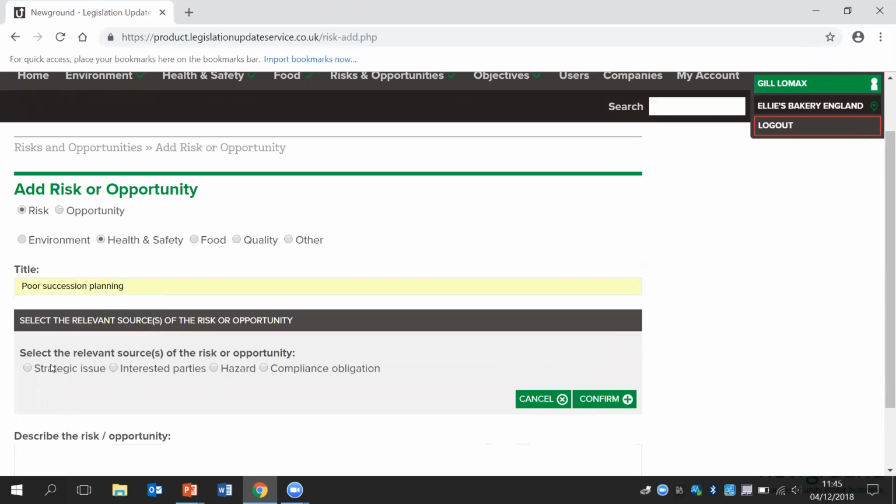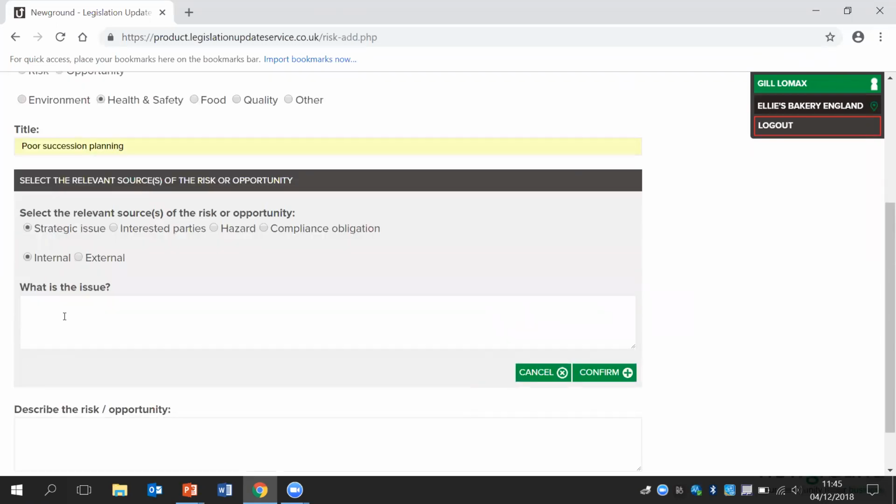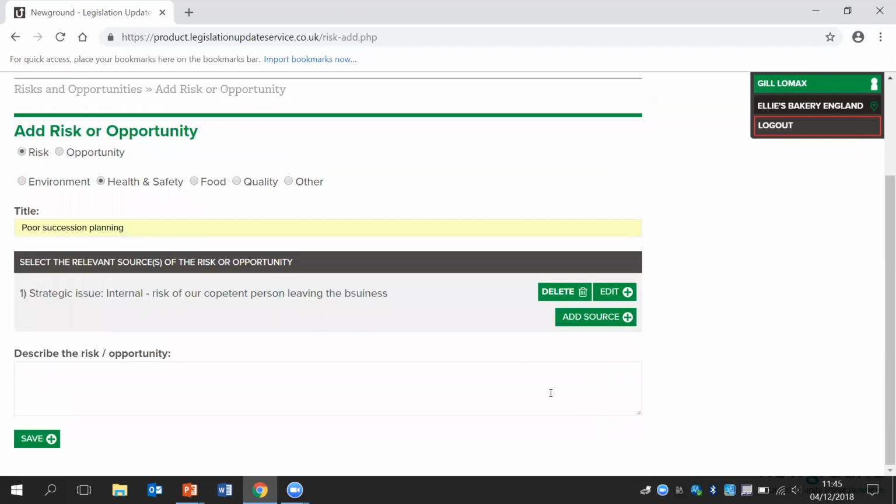So for me, this is a strategic business issue, which is an internal issue for my business, so I can say that that's an internal issue, and I can record my issue here as risk of our competent person leaving the business. And I can confirm and add that in.